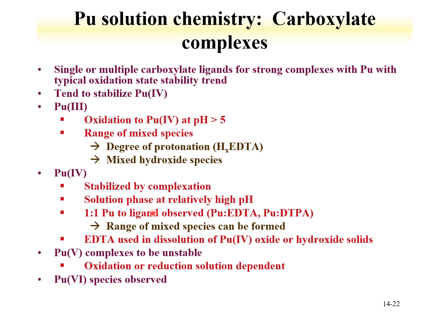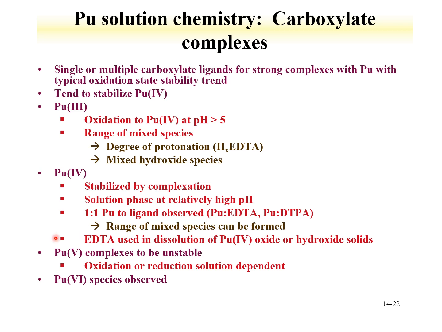There's a range of mixed species that can be observed. So for instance, plutonium with a hydroxide and a DTPA. And these ligands, EDTA, DTPA, citric acid, other carboxylic based organic acids, can be used for the dissolution of plutonium oxides or hydroxides.